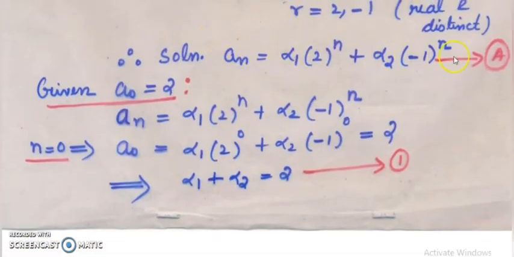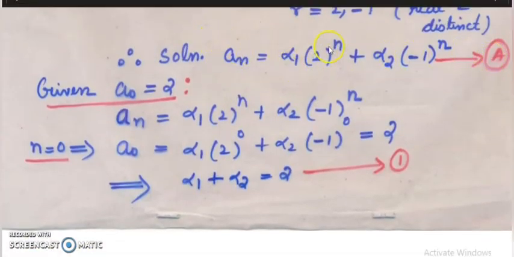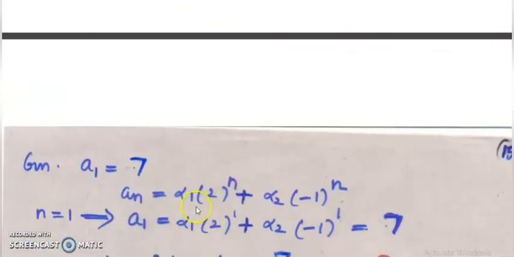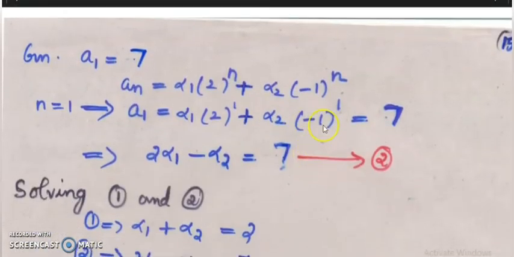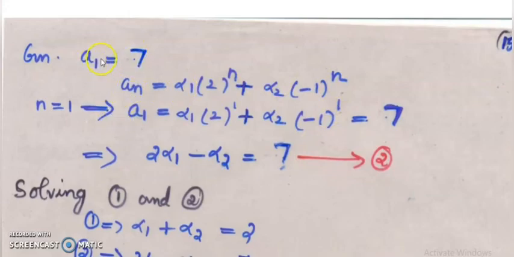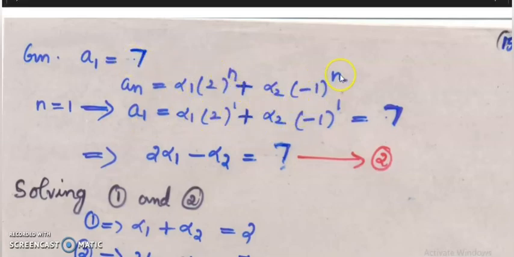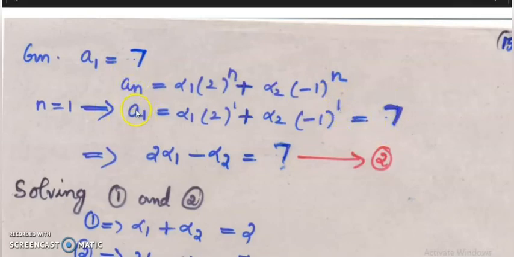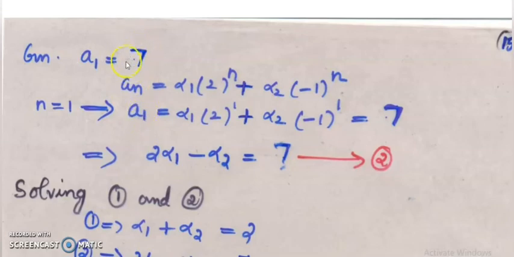We got the solution: a_n is alpha 1 2 power n plus alpha 2 minus 1 power n. Now n is 1, so it becomes A1, alpha 1 2 power 1 plus alpha 2 minus 1 power 1 is equal to 7, because when n is 1 this becomes A1, and A1 is nothing but 7.